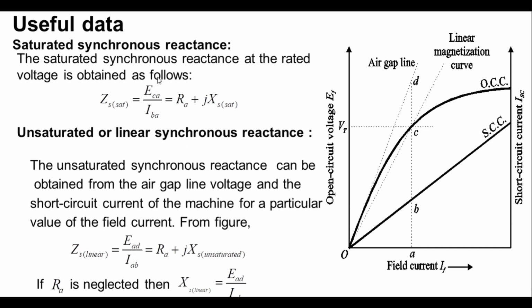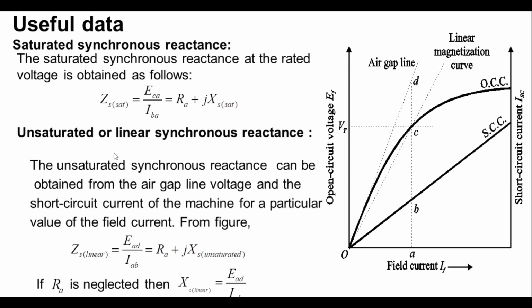Now the saturated synchronous reactance at the rated voltage is obtained as the ratio of the voltage from the open circuit curve, ECA, and the short circuit current ISC, that is this value IAB. And this is RA plus jXS, where RA is the armature resistance and XS is the synchronous reactance.